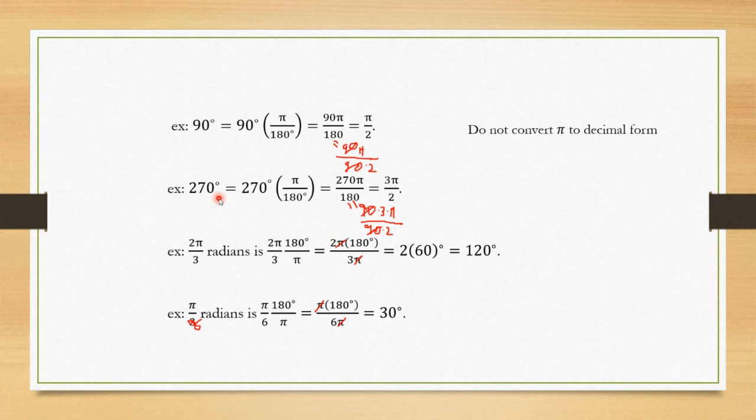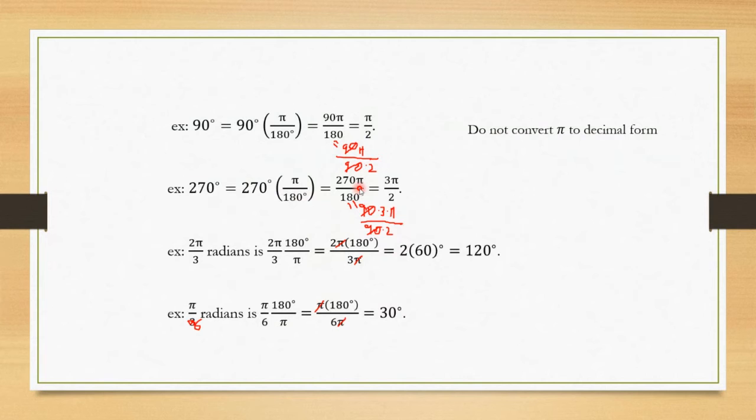270 degrees, same idea. I'm going to multiply by pi over 180 degrees. The degree symbol, as you can see, is going to cancel.